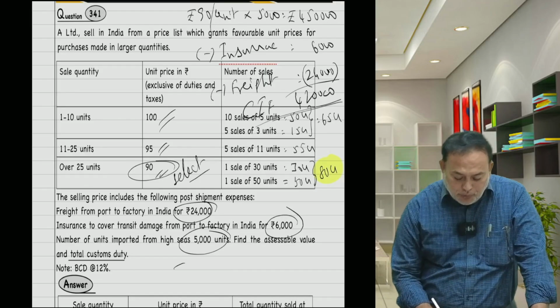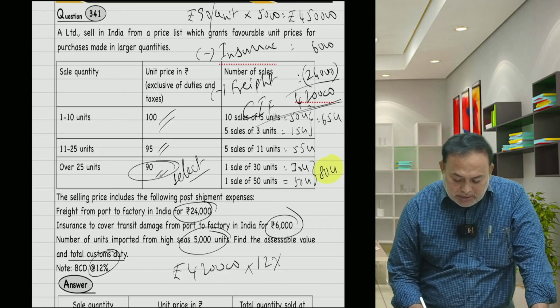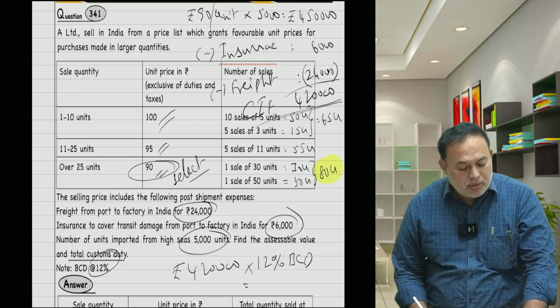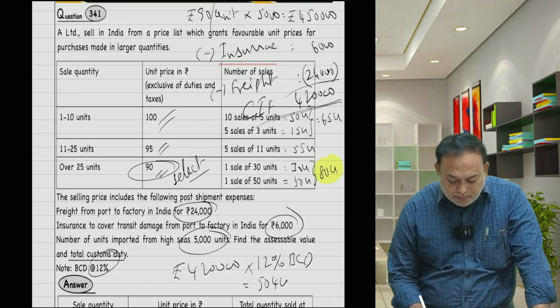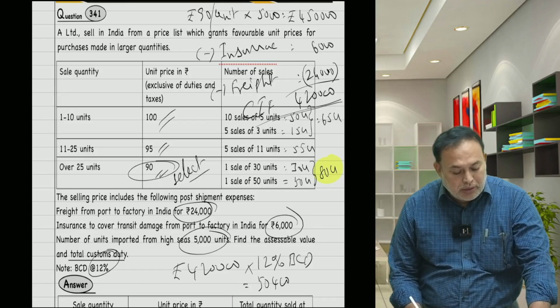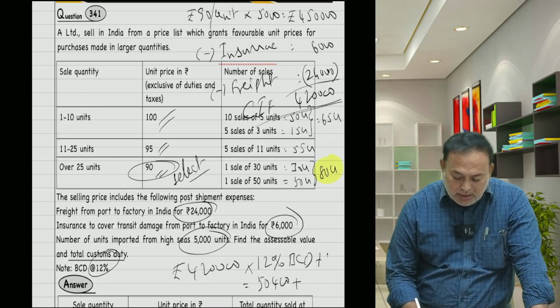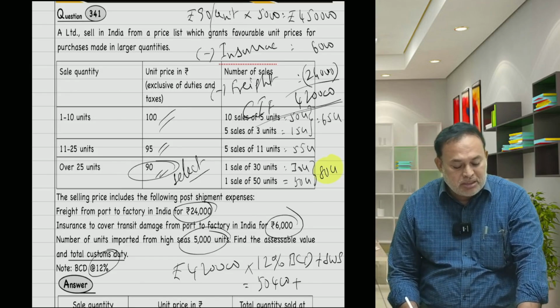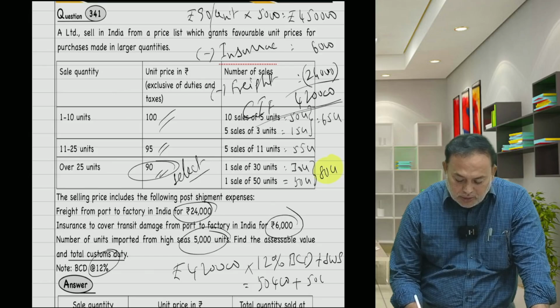If so, on 4,20,000 apply BCD, only one rate is given, 12%. 12% BCD is equal to 50,400. Correct? 4,20,000 into 12%, 50,400. That is BCD. Plus you have to add social welfare surcharge, which is 10% of that BCD, namely 5,040.